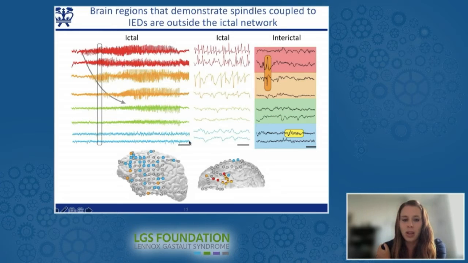What we found that was a bit surprising to us is that the regions that expressed prominent spindle coupling with IEDs were actually in the blue, so outside of the ictal network. And so these sorts of IED spindle interactions are distinct from the ictal network and represent a way by which the epileptic activity is potentially reaching outside and affecting brain regions that are outside the epileptic network proper.